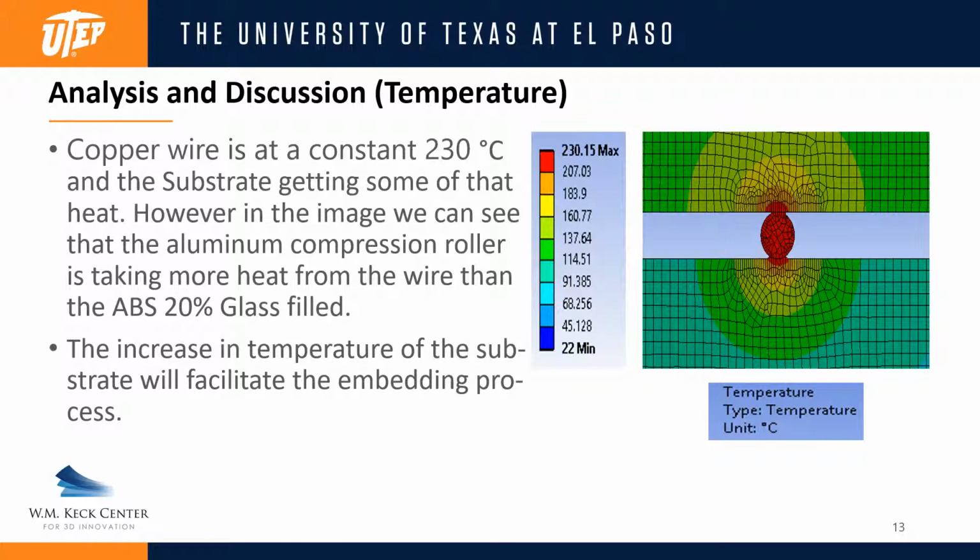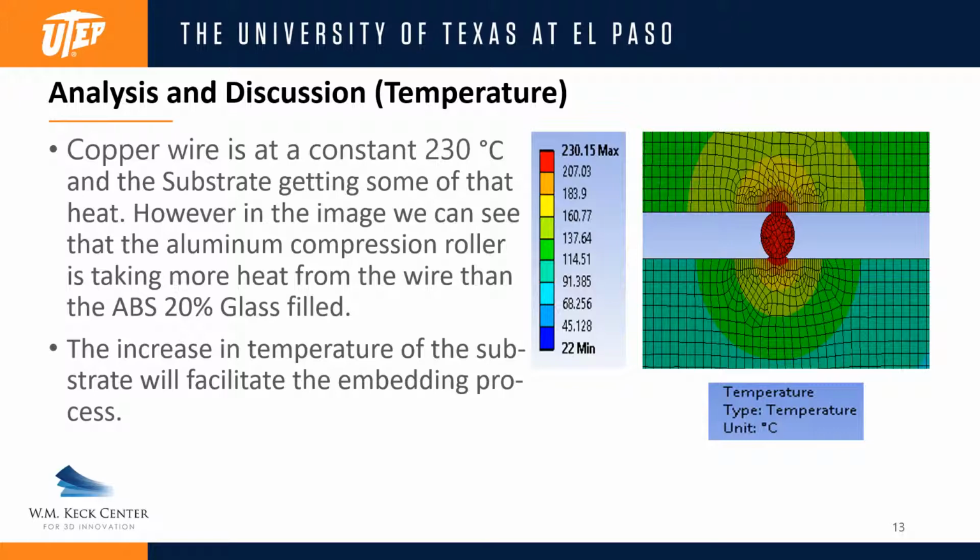The results show that most of the temperature is going to the aluminum compression roller. We can have 137 degrees, while in the substrate the major portion has 91 degrees Celsius.